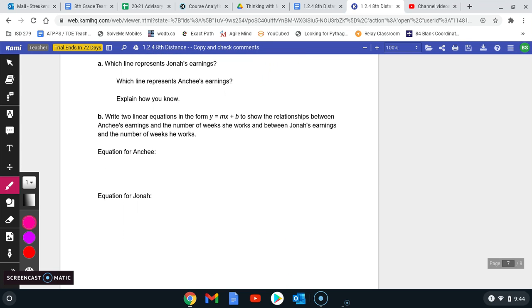So in this case, our earnings, our y, are going to be the earnings. So how much do they earn at the end? And the x, in this case, is going to be the weeks. So use those to write the equations for this problem.